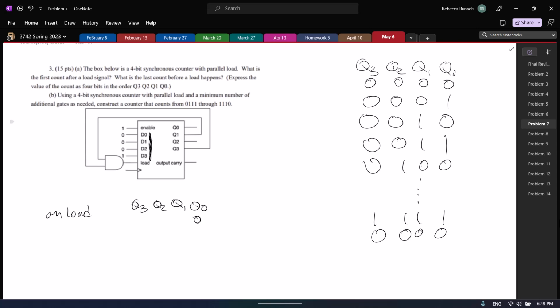Q0 will be 0, Q1 will be 0, Q2 will be 0, and Q3 will be 1. So the first count after the load signal, we said we expect our counter to count correctly, so we would expect our next count to be 1, 0, 0, 1. So that's what we would expect, the first count after the load signal.